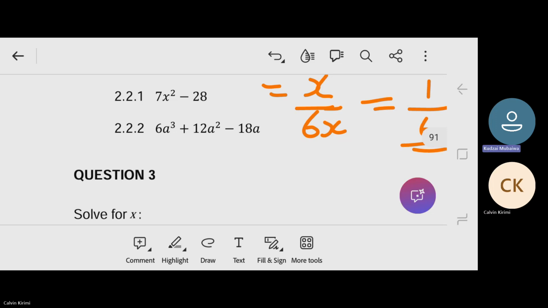Oh, sir, I'm having trouble with this 7x squared.